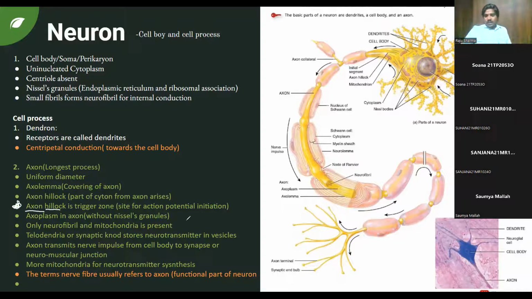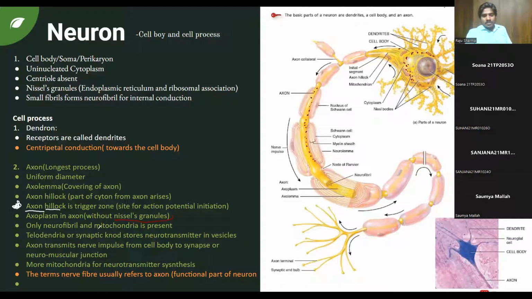Yes, sir. गुड. और आप अगर देखोगे ये जो एक्सॉन है ये भी सेल का ही पार्ट है ना, this is also part of the neuron body. ठीक है, ये एक्सटेंशन है उसका. तो अगर आप देखोगे ये जो निजल्स ग्रैन्यूल्स है ना, so this is limited, it's present only in this cyton. मतलब ये सिर्फ कहां प्रेजेंट होता है, साइटोन में. ये एक्सॉन के अंदर प्रेजेंट नहीं होता है. तो इसका मतलब ये हुआ, this axoplasm that is a fluid present in the axon is without Nissl's granules. ओके, इसमें सिर्फ क्या प्रेजेंट होता है, न्यूरोफाइब्रिन and mitochondria.